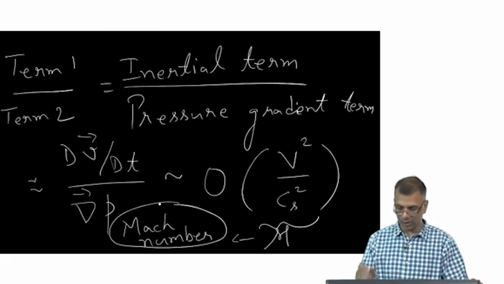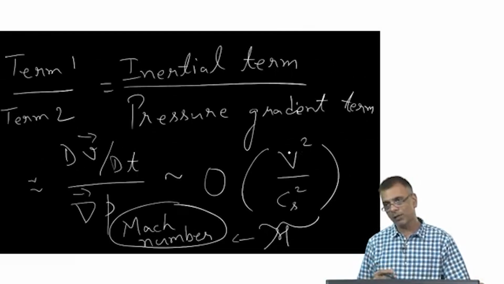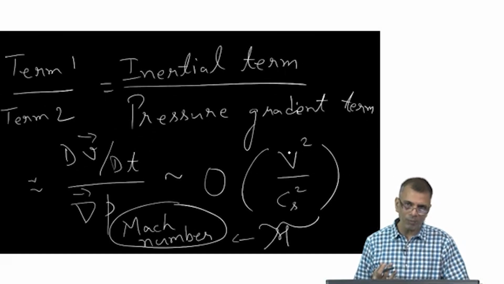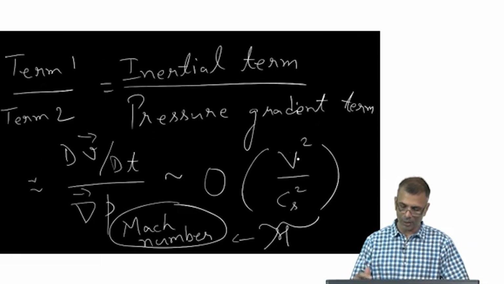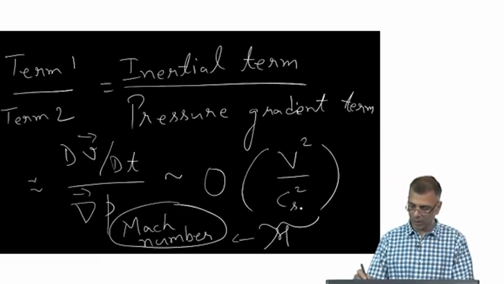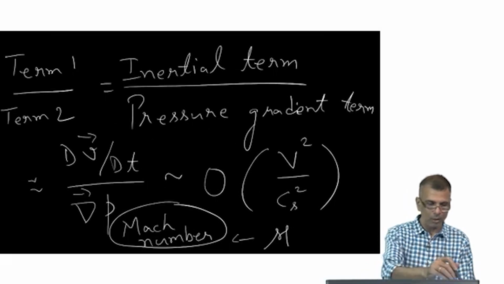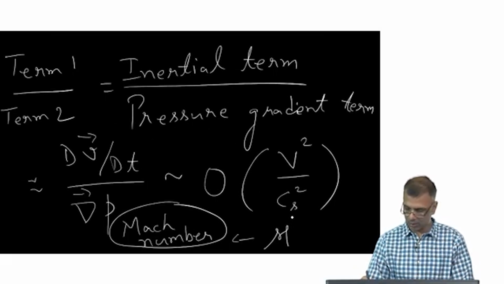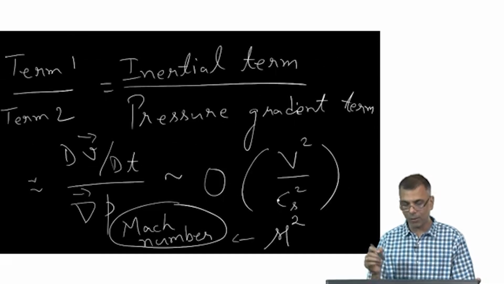As such, the Mach number is simply the ratio of the flow speed, more accurately the ratio of some characteristic speed in the system. This is actually the Mach number squared, I beg your pardon. So, this is the square of the Mach number, this whole thing. So, the ratio of the flow speed to the sound speed is called the Mach number.